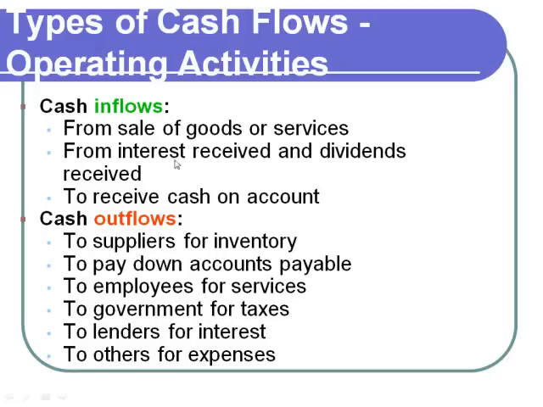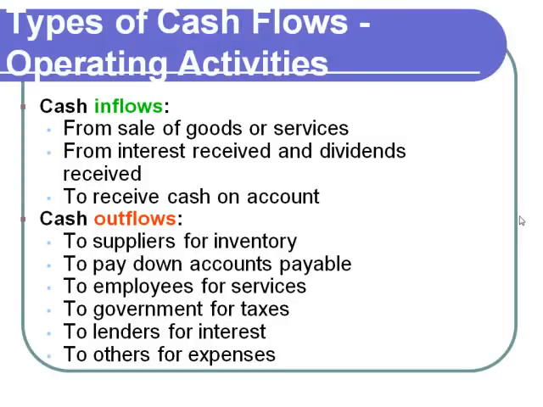Now this second one up here, from interest, cash inflow, interest received, and dividends received. That is also considered an operating activity. Interest received, as we learned in Chapter 12, is interest income or interest revenue.